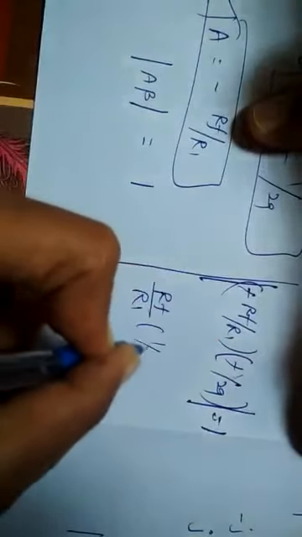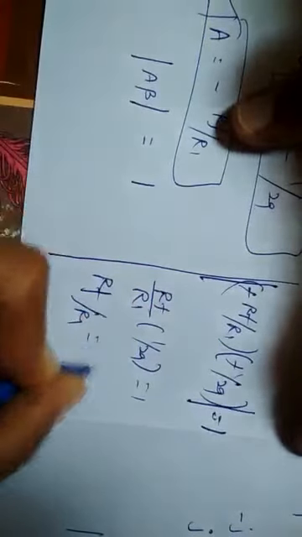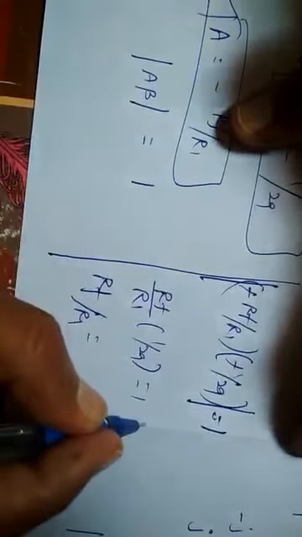So these two minus signs cancel each other and modulus will eliminate the minus. So RF by R1 into 1 by 29 equals 1. So RF by R1 equals this 29.